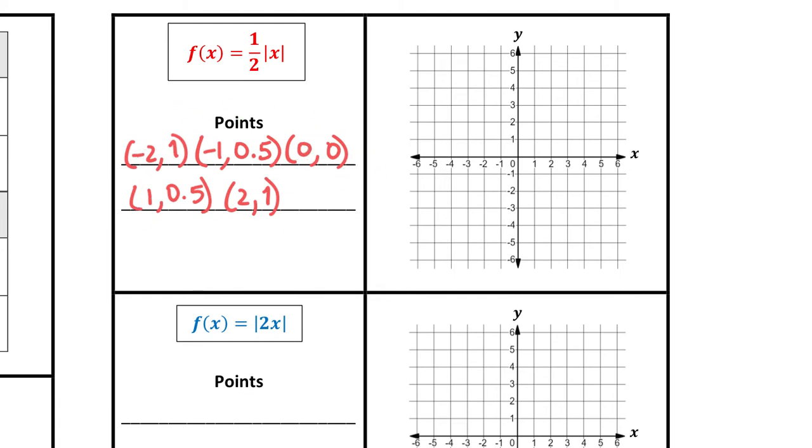So we get negative 2, 1, and then negative 1, 0.5, 0, 0, 1, 0.5, and then 2, 1. Like this.